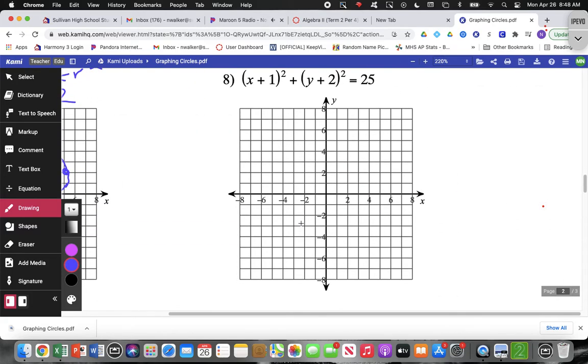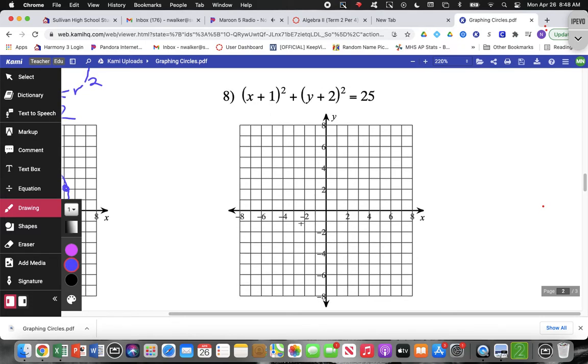All right, let's do number 8. So we've got x plus 1 squared, y plus 2 squared equals 25. Let's look at the parentheses first. What's going to be my x coordinate for the center? -1.